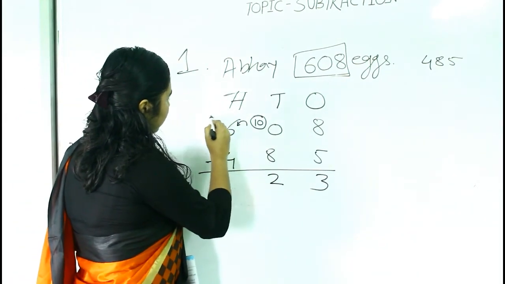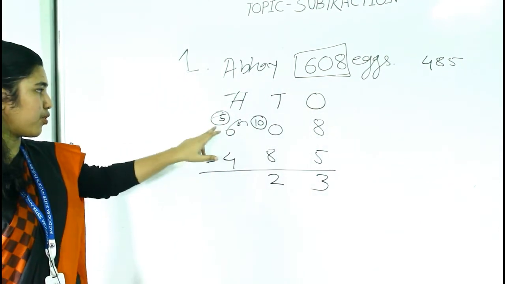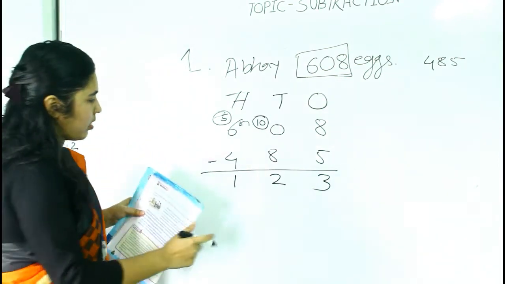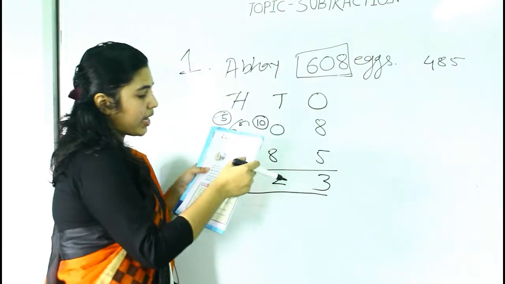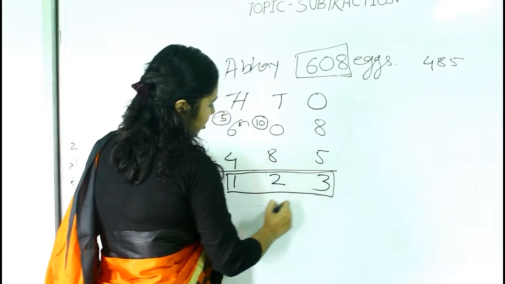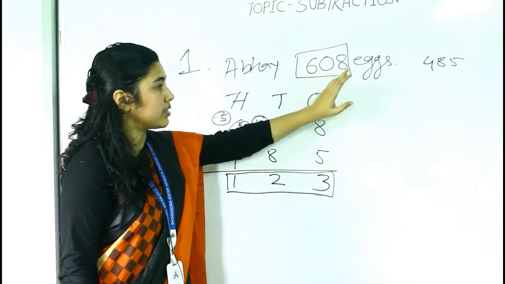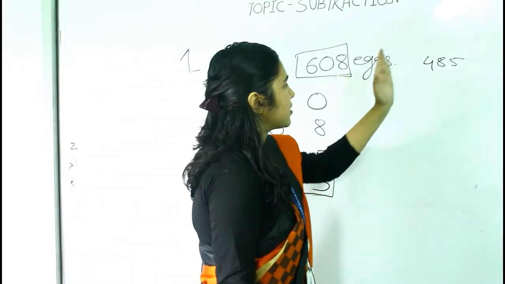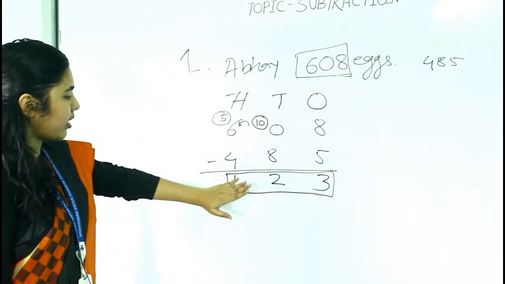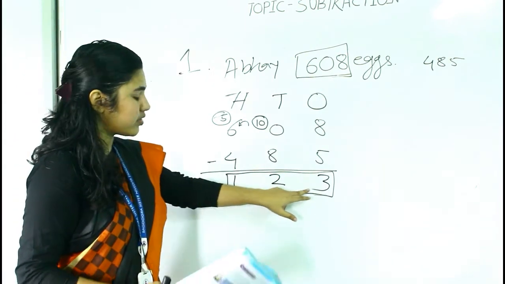Take this one here and subtract from 6, which is 5. Now subtract 4 from 5, which is 1. That means 123 eggs are left with Abhay because he sold 485 from 608. That means 485 is taken away from 608. So now Abhay has 123 eggs left.